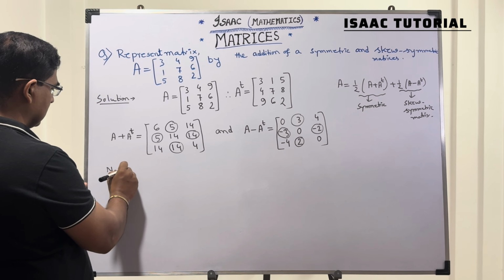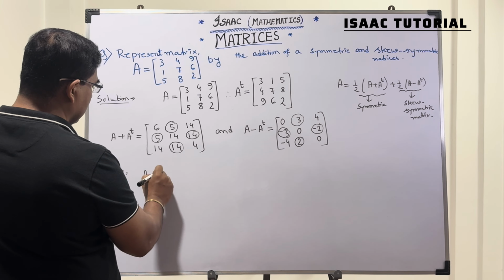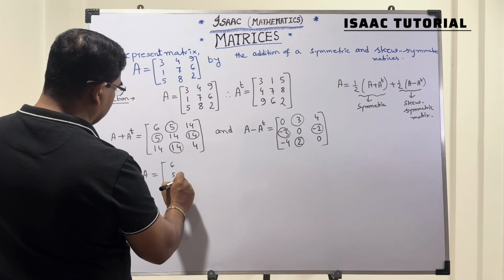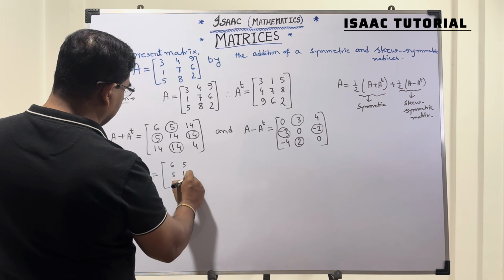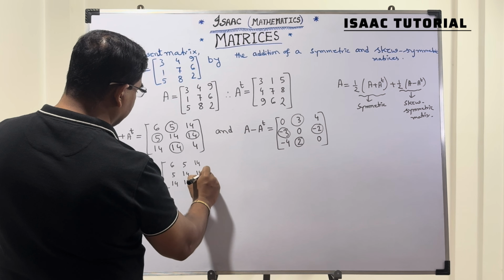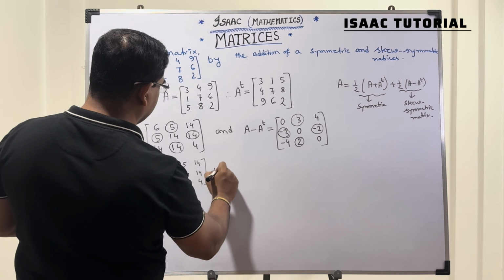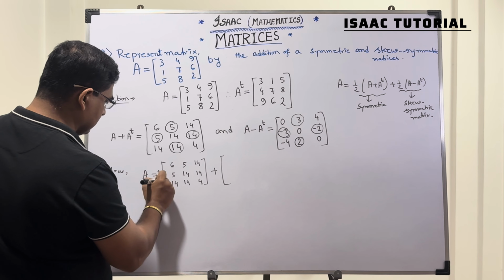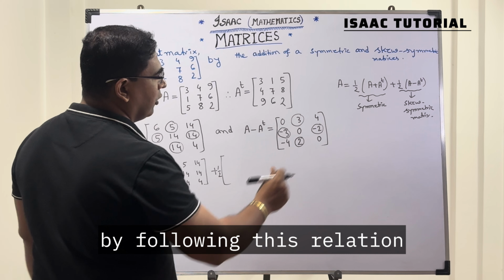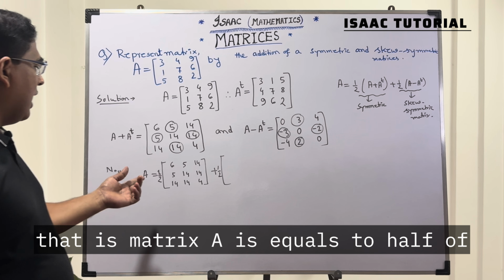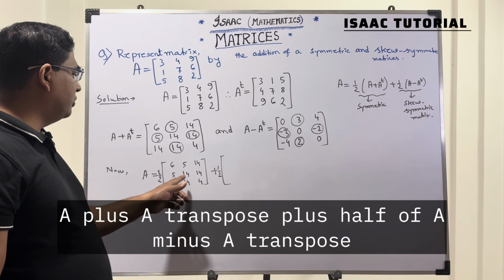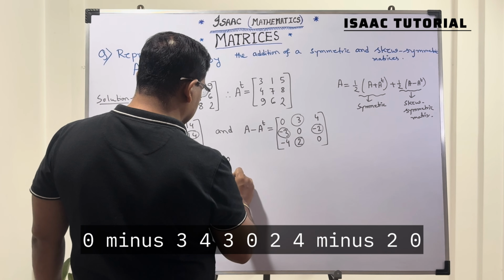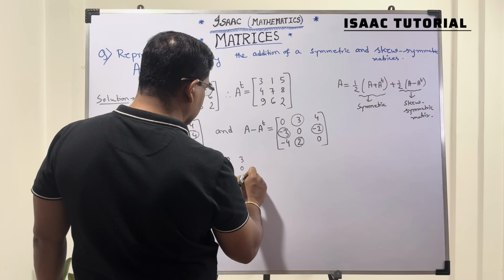Now, matrix A is equal to half into (6, 5, 14, 5, 14, 14, 14, 14, 4) plus half into (0, minus 3, 4, 3, 0, 2, 4, minus 2, 0), by following this relation, that is matrix A is equal to half of (A plus A transpose) plus half of (A minus A transpose).